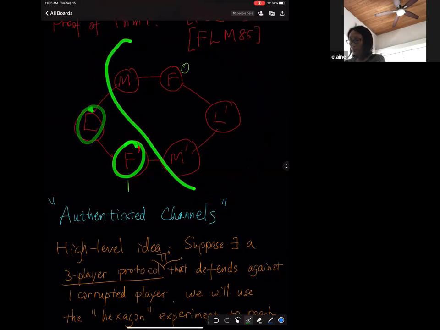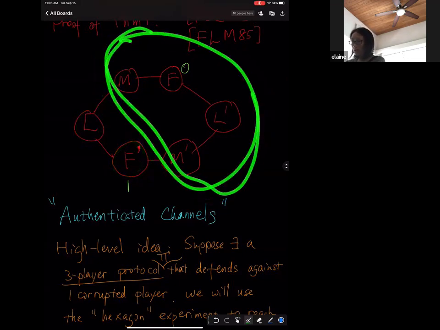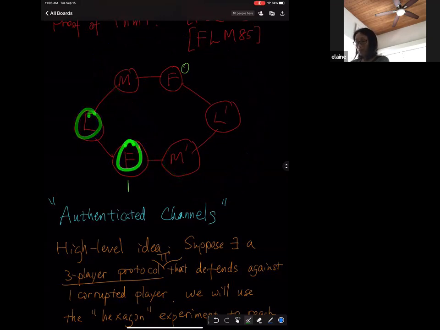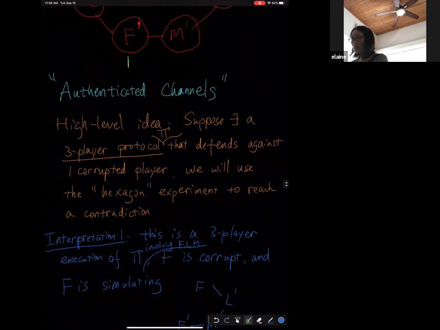In this 3-player execution, this is the corrupt node and these are honest. And by validity, we can conclude L must output the input of F prime, which is 1. So it's basically symmetric. The key is just to get comfortable with the idea: all 3 interpretations are just different ways to view the same experiment.